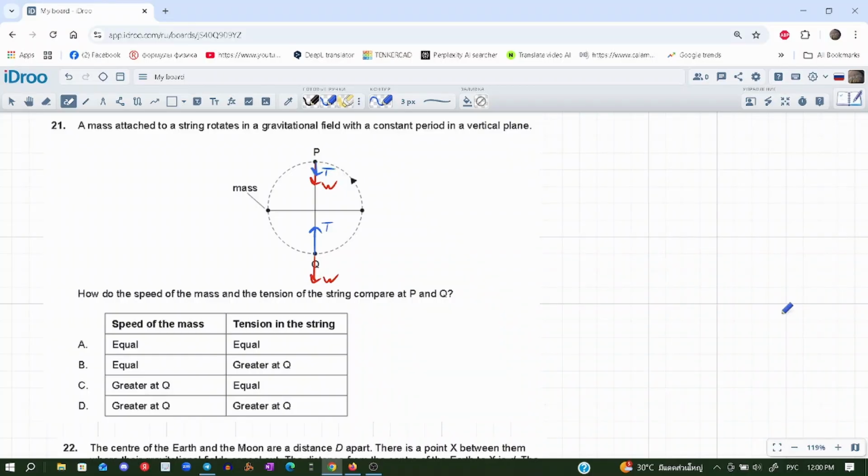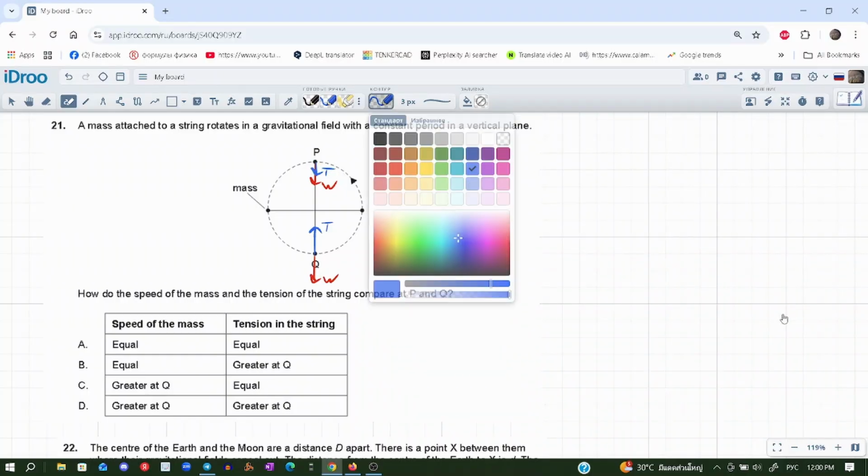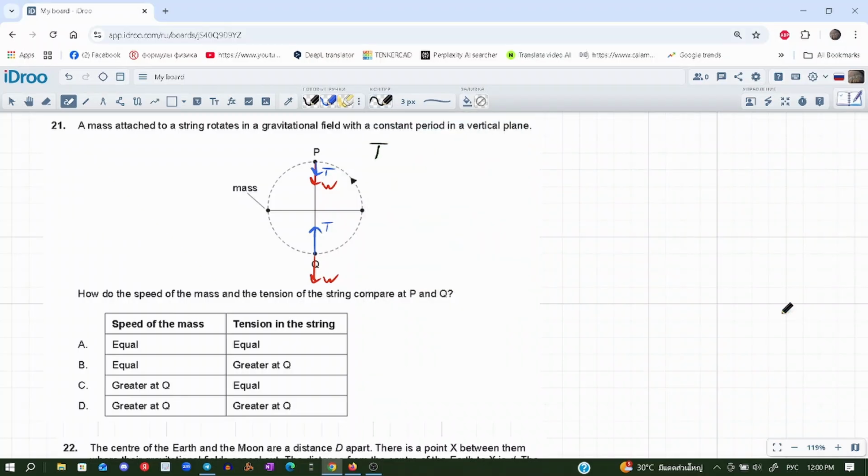So we can say that TQ equals m(g plus a), or a plus g, no difference, and TP equals m(a minus g). So for sure the tension at point P is less than the tension at point Q, right?